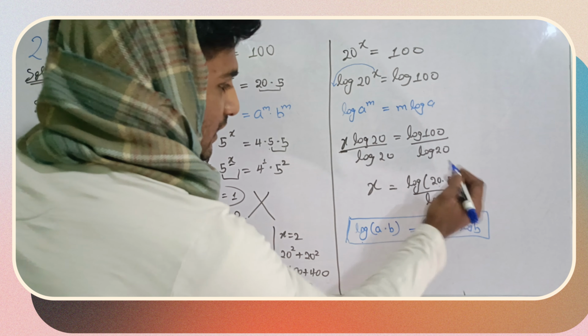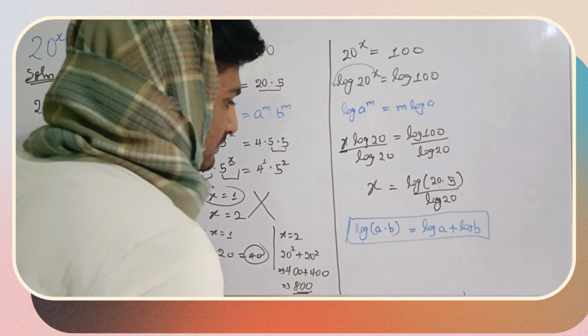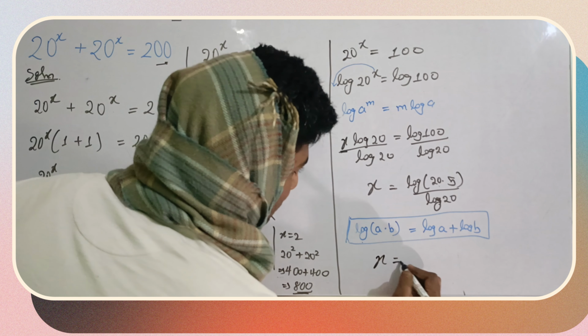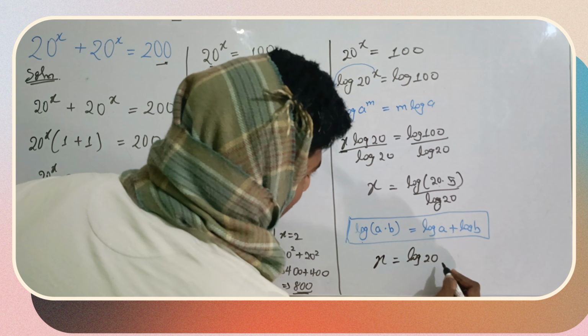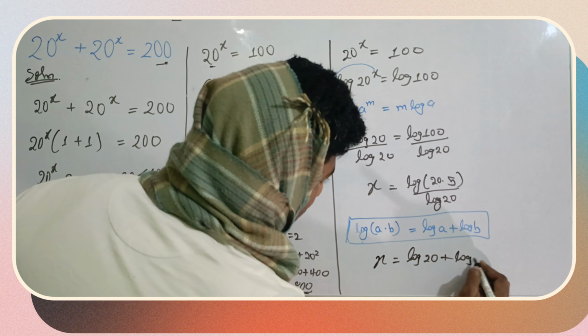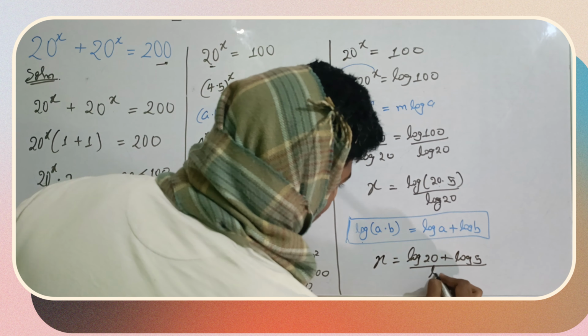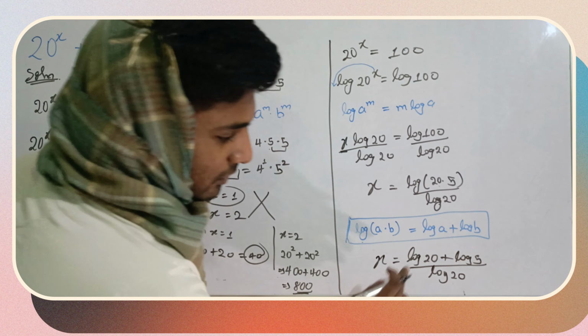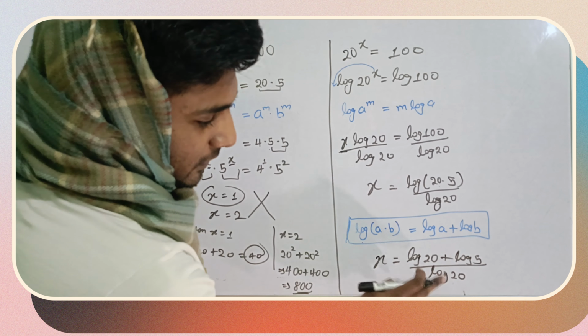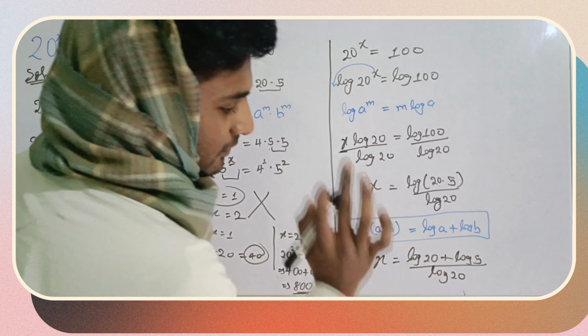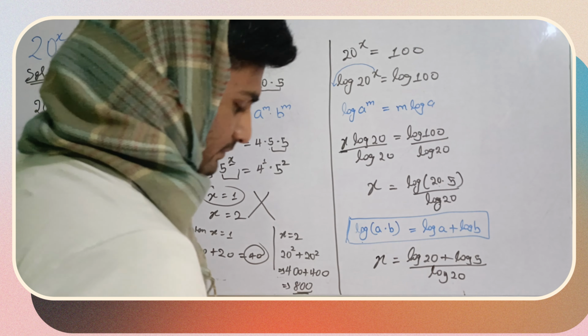So this log of 20 times 5 can be written as x is equal to log 20 plus log 5, and whole over log 20. Now this is the same as log 20 over log 20 plus log 5 over log 20.